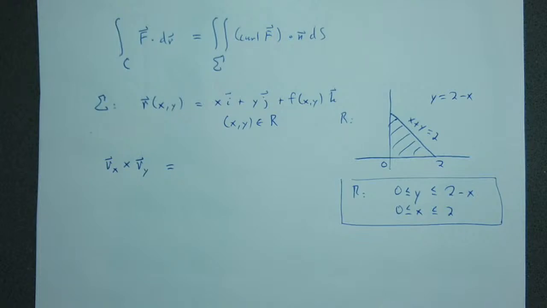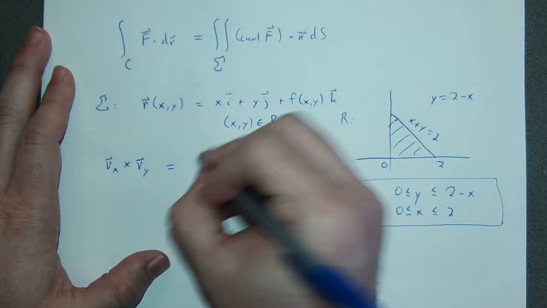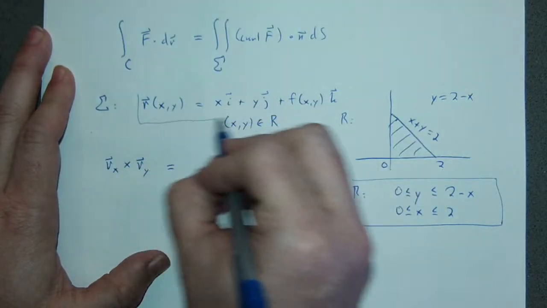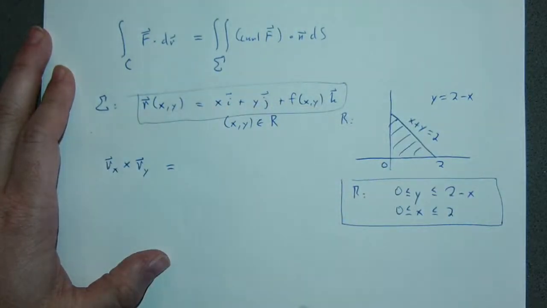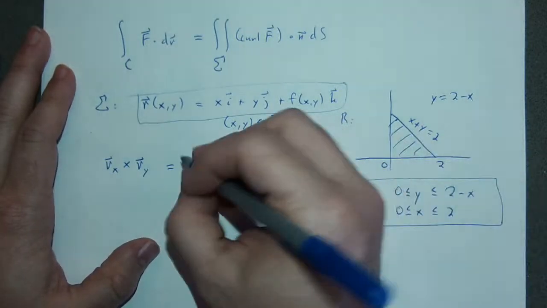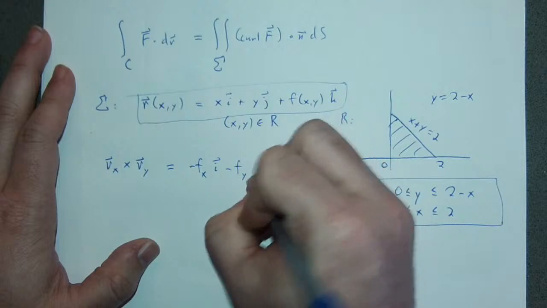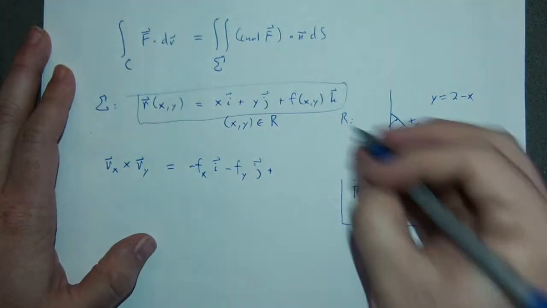So when we compute like this, what do we find? In the case of a parameterization that looks like this, we computed last time that this was always minus f sub x i minus f sub y j plus 1 k.